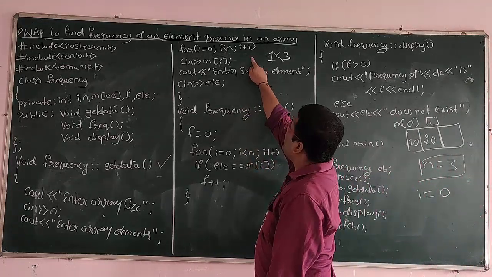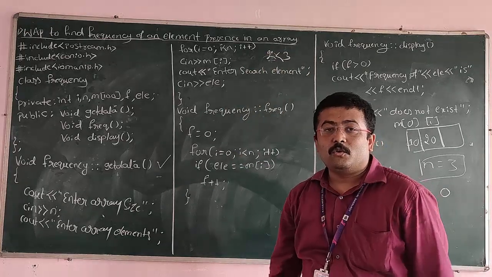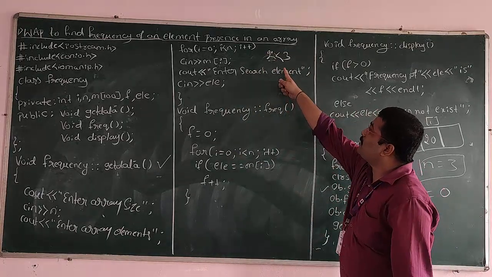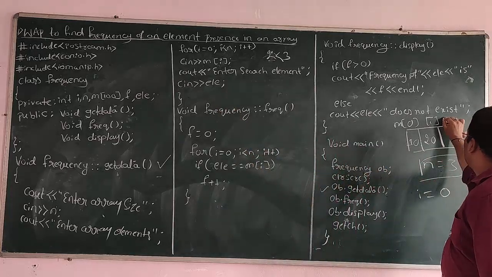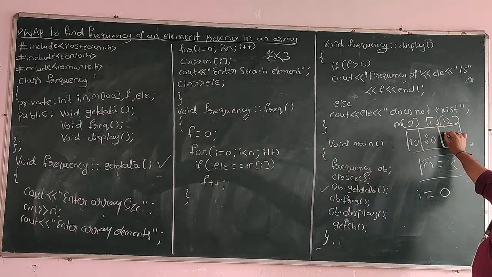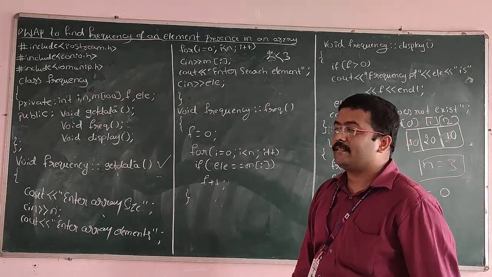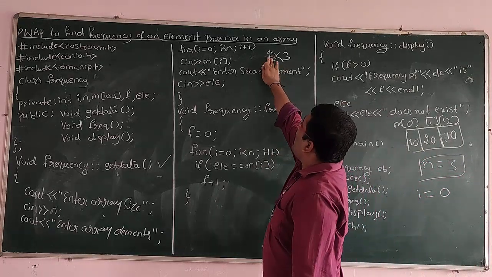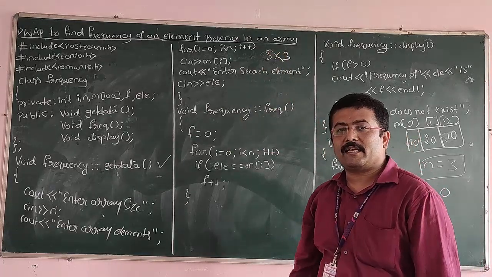Next, i is incremented again, i becomes 2. Is 2 less than 3? Yes, again the condition is true. Then m of 2: again I am taking the input as 10. Next, i is incremented, i becomes 3. Is 3 less than 3?